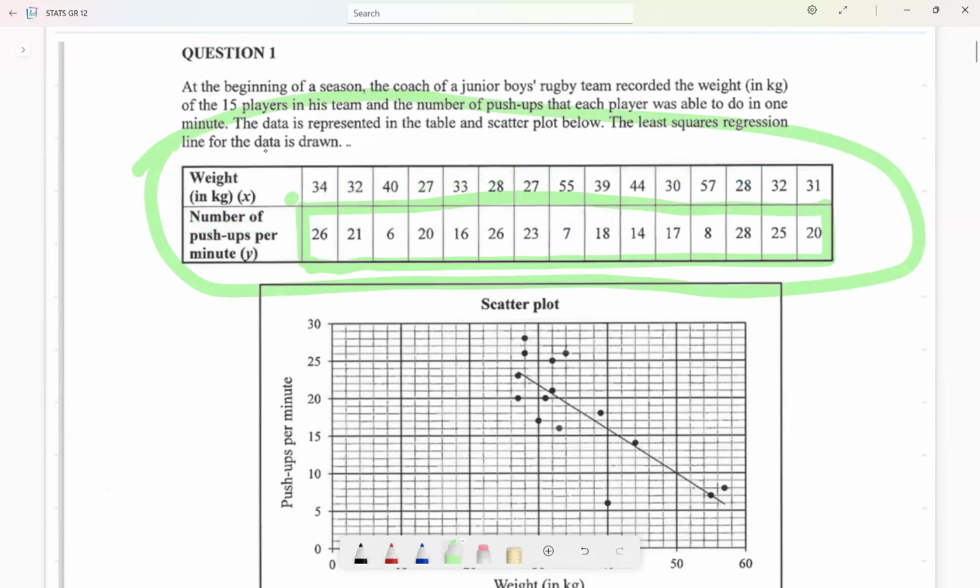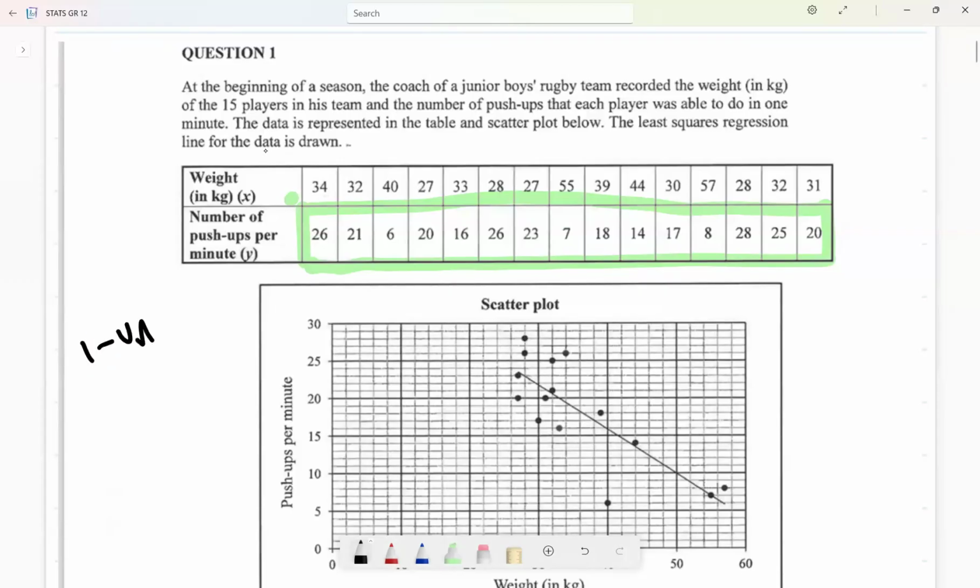Then what I want you to do is go to your calculator and press shift, stat, which is number one. Do not choose regression line, because they want the mean.